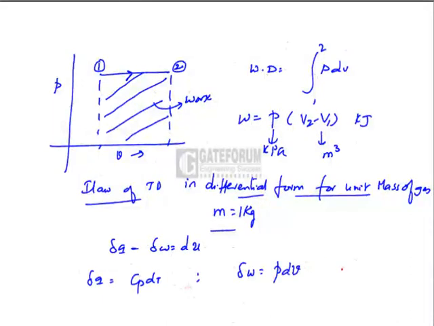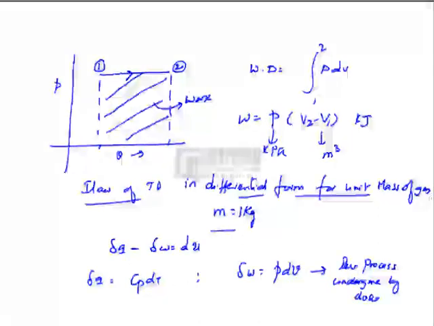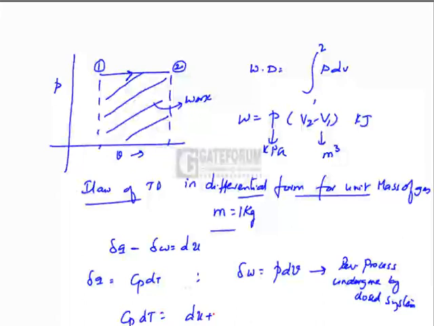This is the equation applicable for any reversible process undergone by a closed system. Substituting in the first law, we get Cp dT is equal to dU plus PdV.